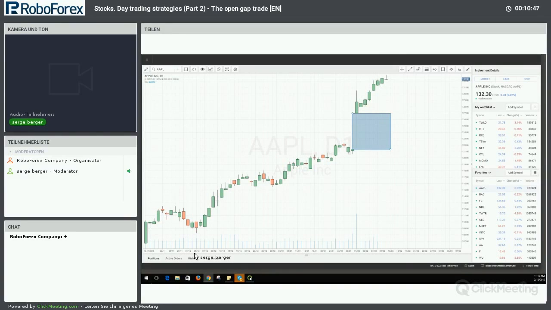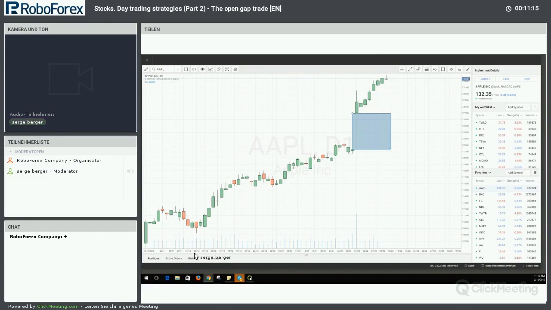Why is a stock gapping up or down? The why and the where, okay? And the where is really where in the charts, and the why is a little bit more of a subjective type of call.